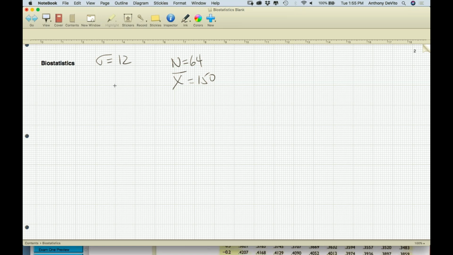Sigma is equal to 12. Give me a 95% confidence interval for this sample.